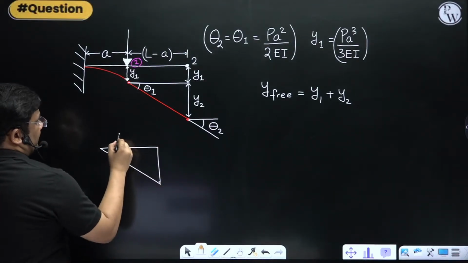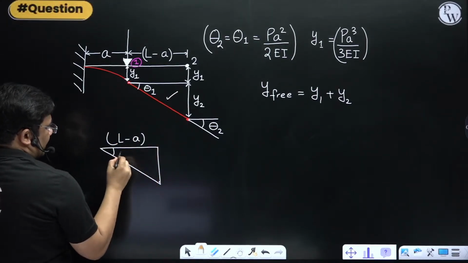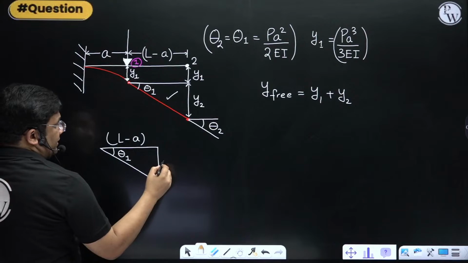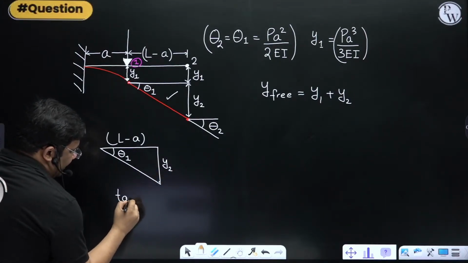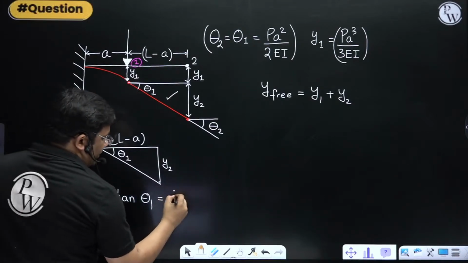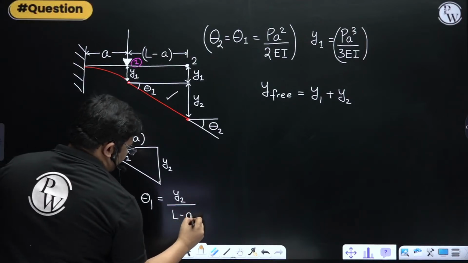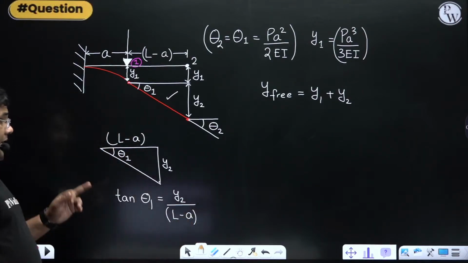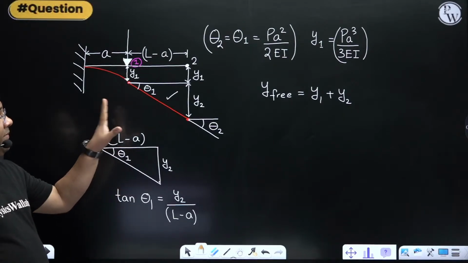This is L minus A. I am taking this triangle. This is L minus A, this is theta 1, and this is y2. Can I say that tan theta 1 is equal to y2 by L minus A? For small angles, this angle won't be very big.